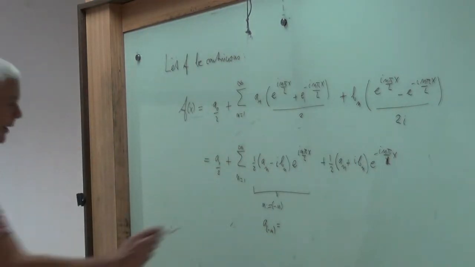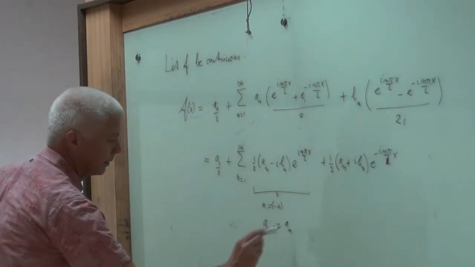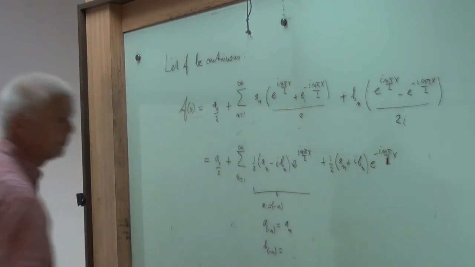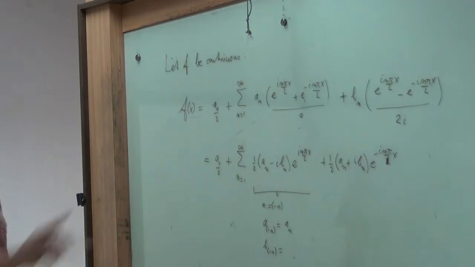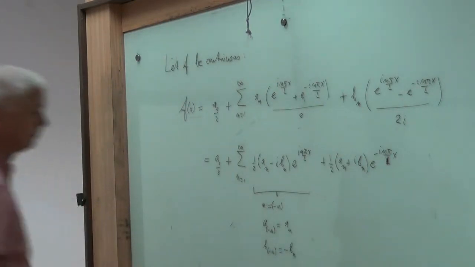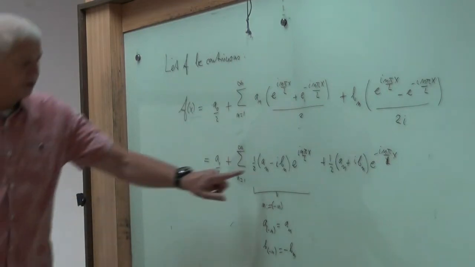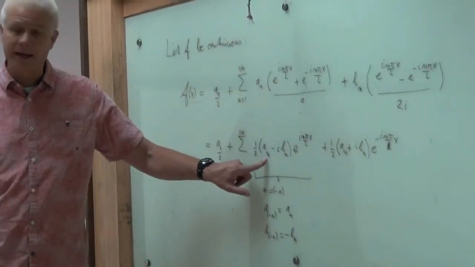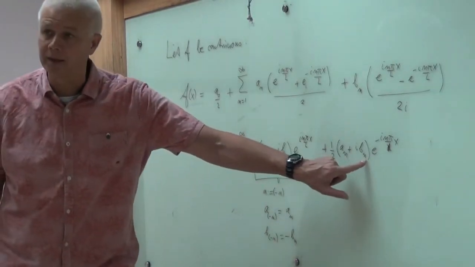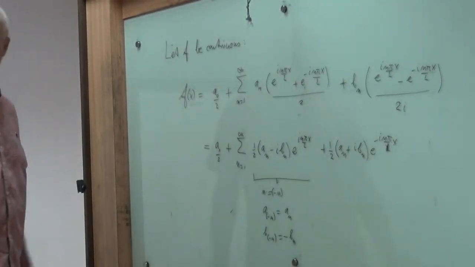Nothing, because the cosine is still the same. So that gives me an. If I look at b minus n, that will give me minus bn, because I have a sine over there. So this coefficient actually then is replaced by an plus i bn. And I have the same here, an plus i bn.